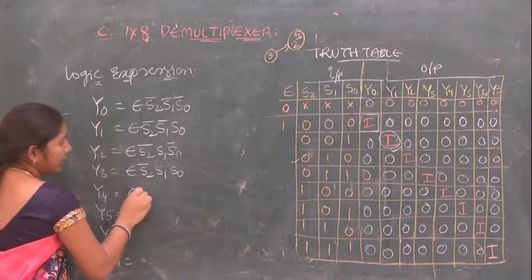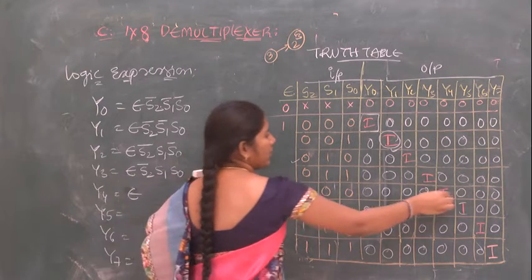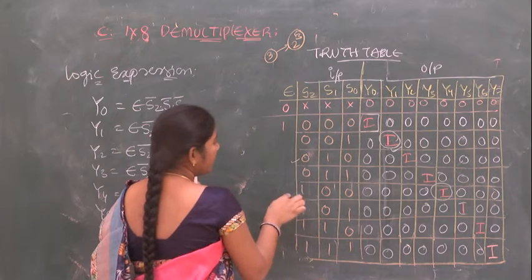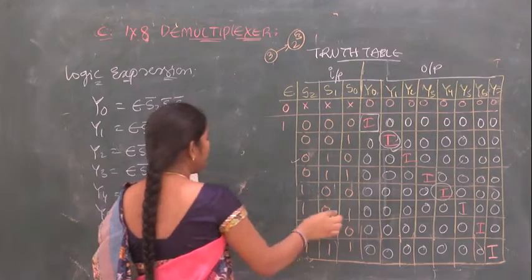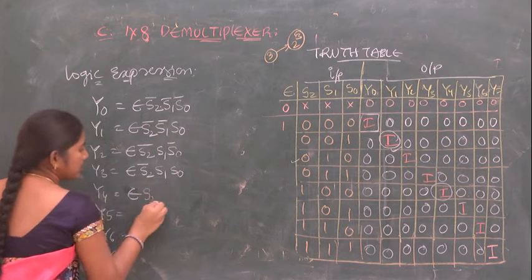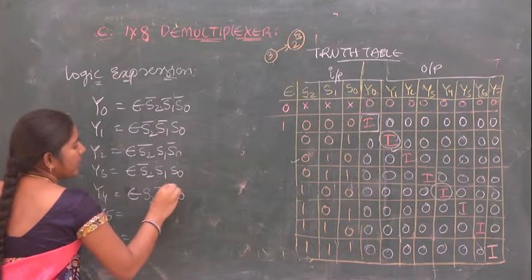For Y4, E and S2, S1 bar, S0 bar. For Y5, E, S2, S1 bar, S0.